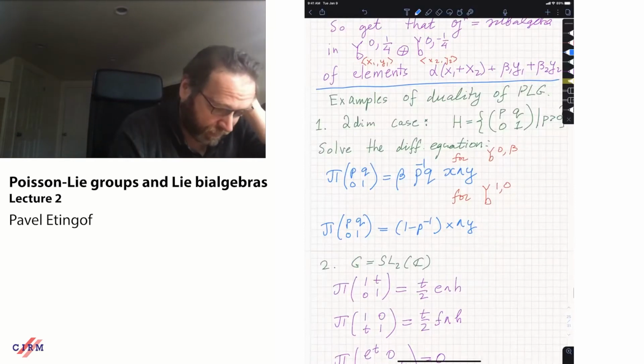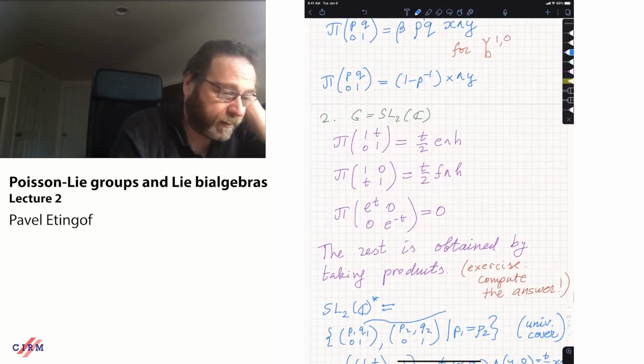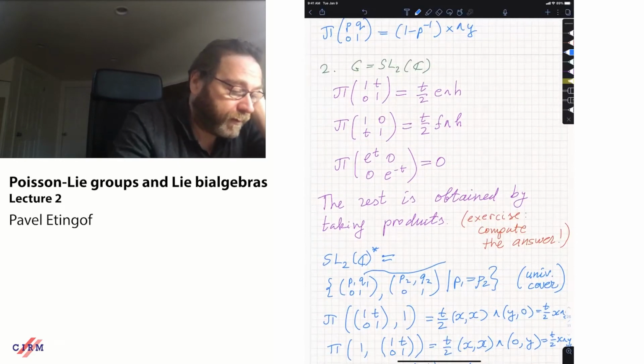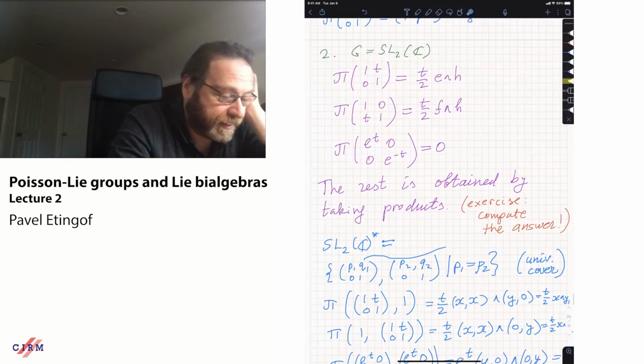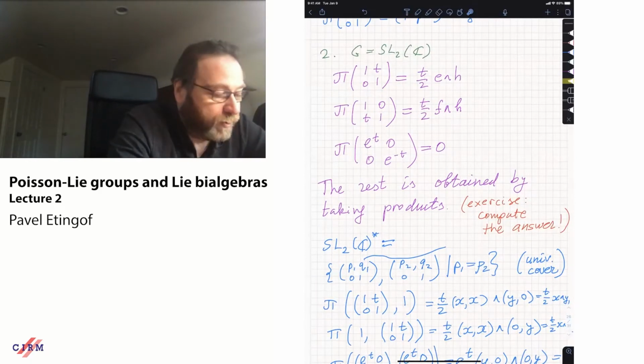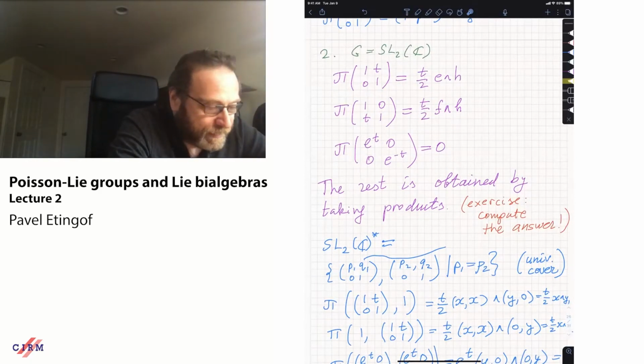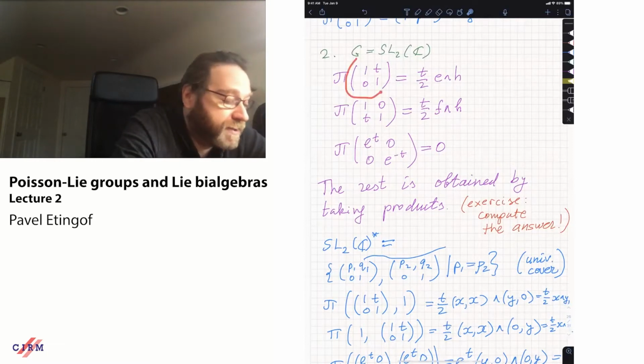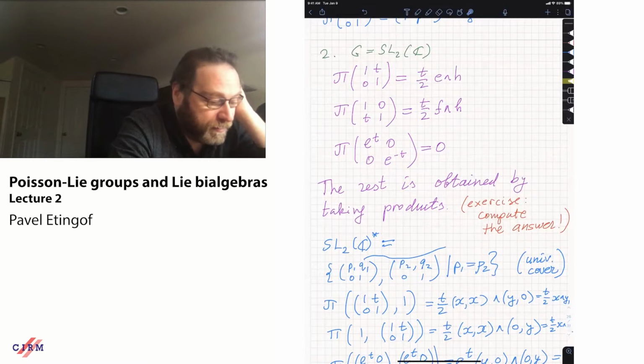Right. Okay, so and then if G equals SL2, you can compute this bivector most easily in the following way. You first compute it for the upper triangular matrices 1, T, 0, 1, and then for the lower triangular matrices 1, 0, T, 1, and then for the diagonal matrix e to the t, 0, 0, e to the minus t, which is 0.